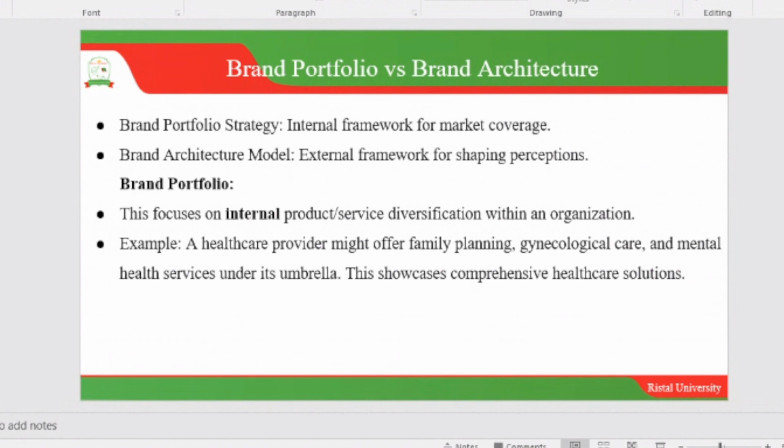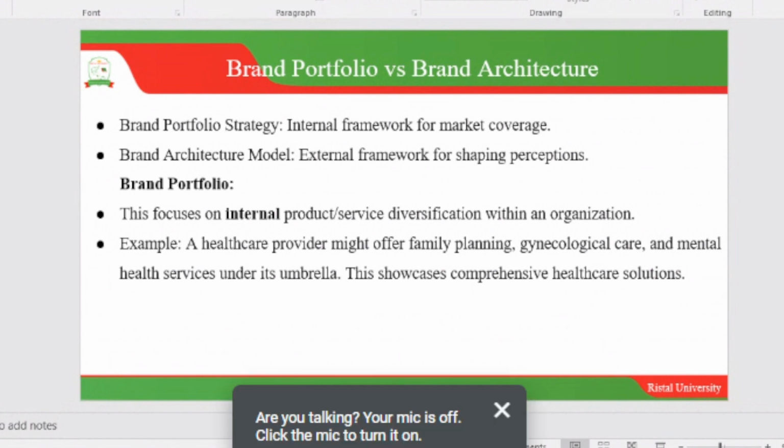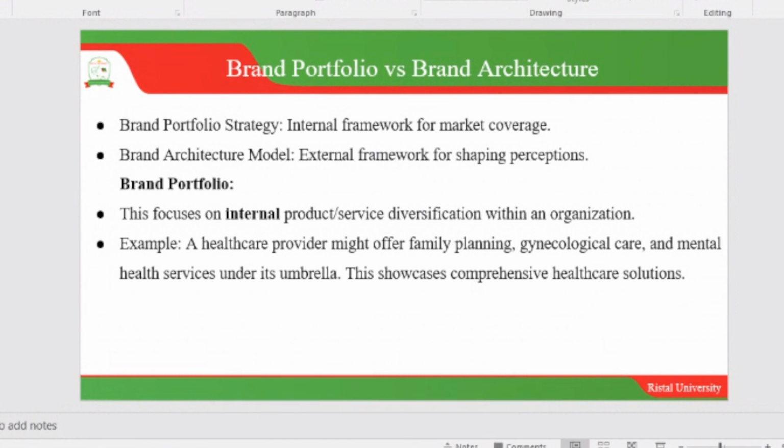Probably, if you're offering reproductive health services, you're looking at yourself, and you're looking at your company within. However, when you're looking at architecture, you're looking at without, meaning you're looking at the external framework, how people perceive your product. So, brand portfolio focuses on the internal product or the service diversification within an organization.